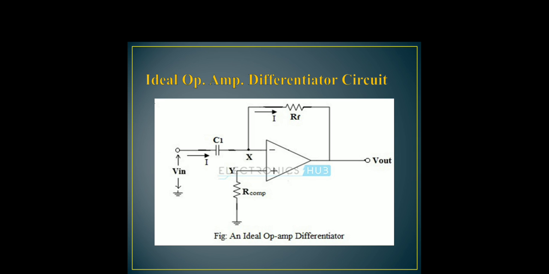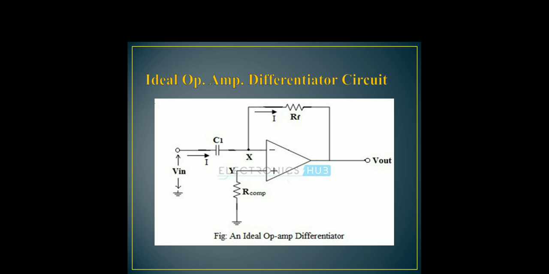Capacitor C1 and resistor RF form the feedback circuitry, that is, RF is the feedback resistance here. R comp, the compensation resistor, is at the non-inverting terminal. Point X is at the negative terminal and point Y is at the positive terminal, and Vout is the output voltage.